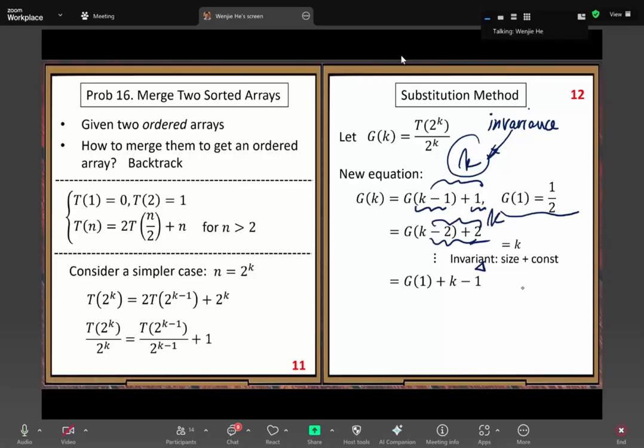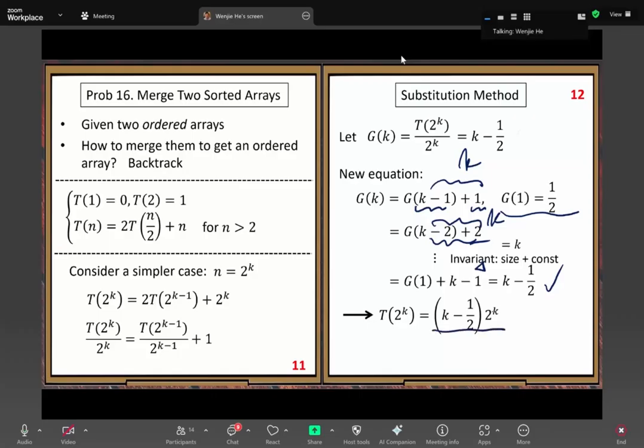Then you plug in the initial value, so you get this k minus 1/2. That's your g function. Then you go back to the original definition here. Then you can get t of 2 to the k equals this expression.